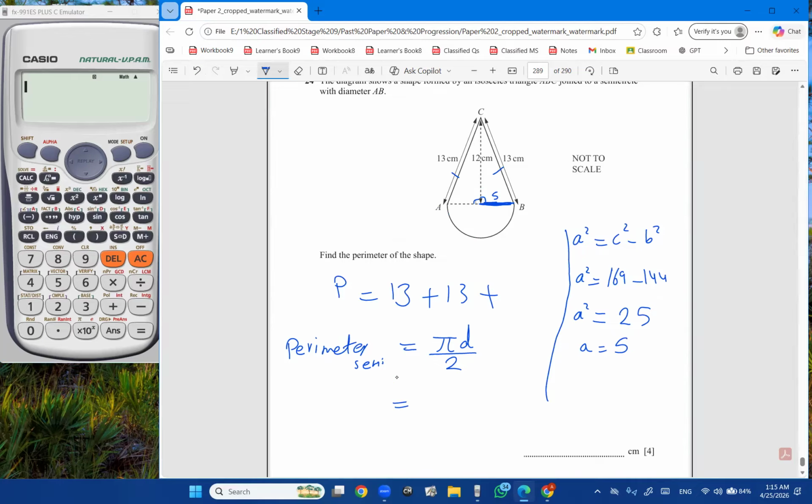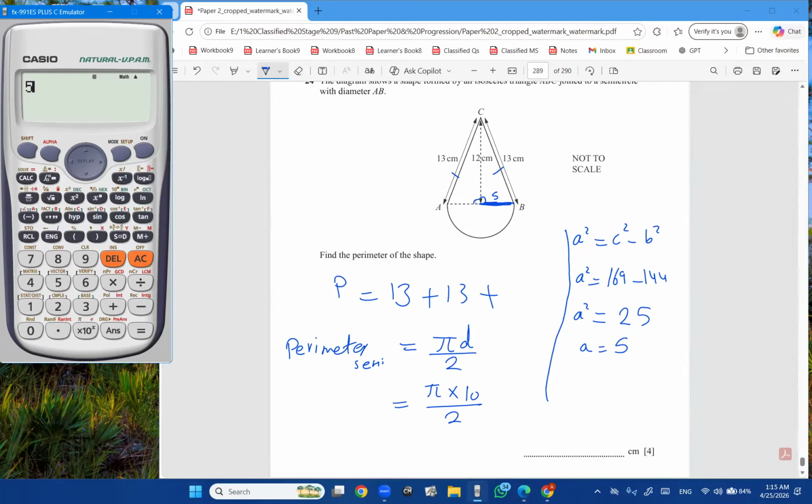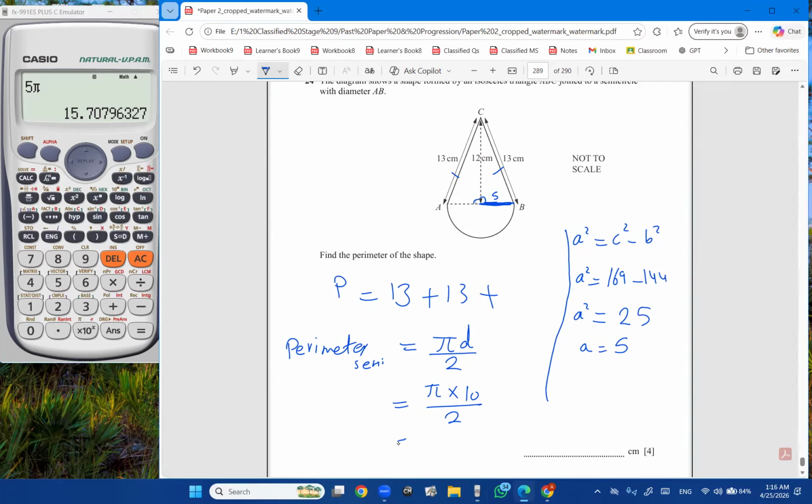Now we can find the perimeter of the semicircle, knowing that the diameter is 10. So perimeter of semicircle equals pi multiplied by the diameter, which is 10, over 2, which is 5 pi. Dividing the 10 by 2 is 5, so 5 pi equals 15.7 centimeters.